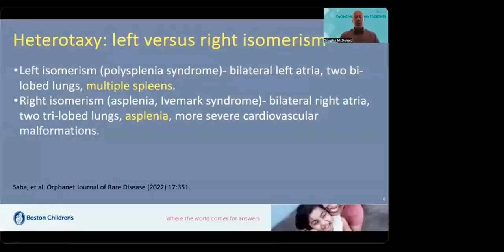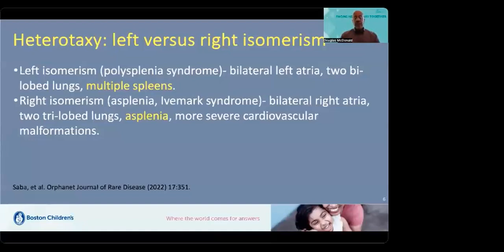Heterotaxy, as you are all well aware, can be characterized by left versus right isomerism. Left isomerism is also called polysplenia syndrome, and that is characterized by bilateral left atria, 2 bilobed lungs, and multiple spleens.